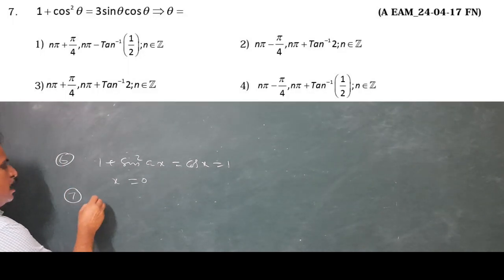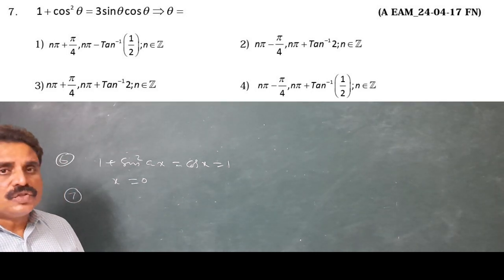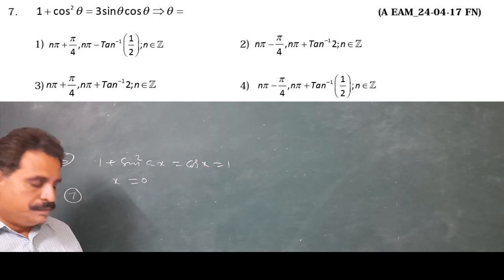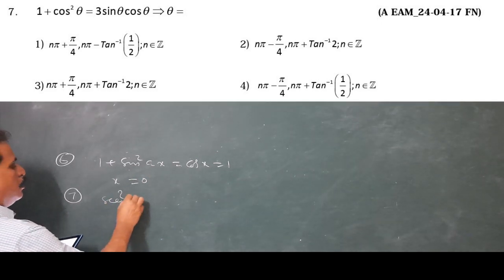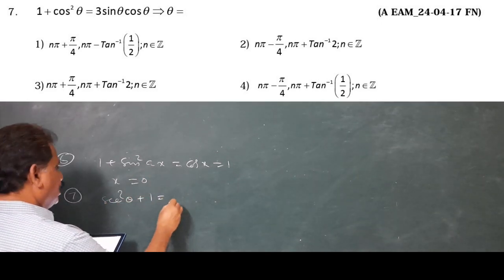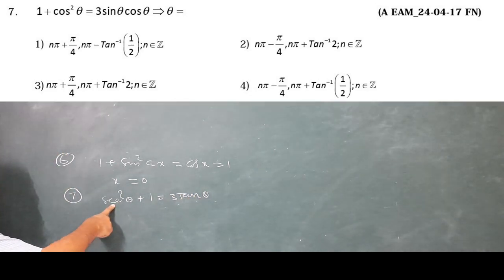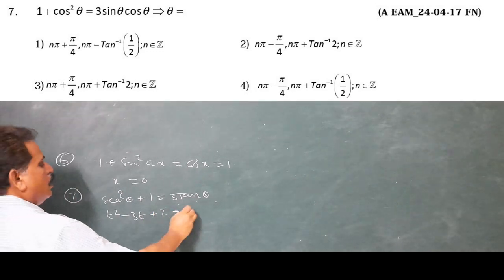Now seventh problem. 1 plus cos square theta equal to 3 sin theta cos theta. Such type of problems, you have to divide by cos square theta. So what happened? Secant square theta plus 1 equal to 3 tan theta. Secant square theta is 1 plus tan square theta. Taking t equal to tan theta, we get t square minus 3t plus 2 equal to 0.